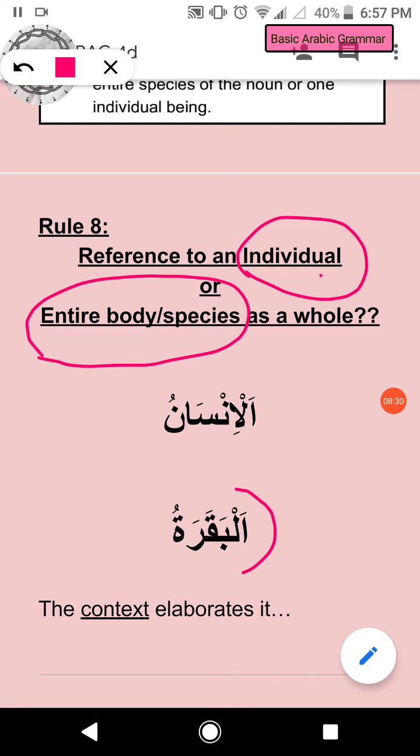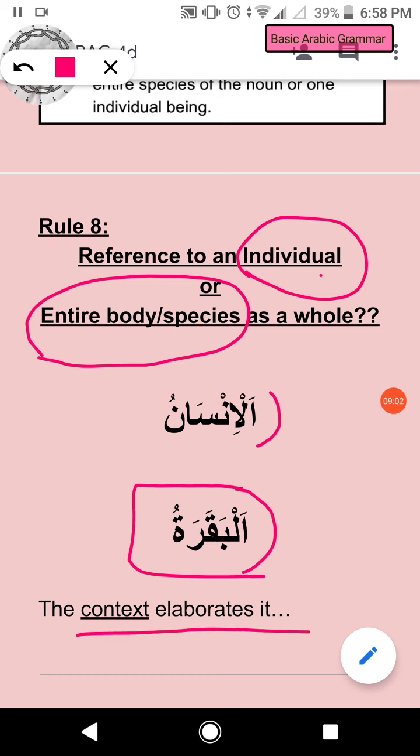This is what this point means: when you prefix this al with an ism, that ism may allude to one individual, for example one cow, because the Bani Israel were told to slaughter only one special cow. And how do we know? This is where the context comes in.